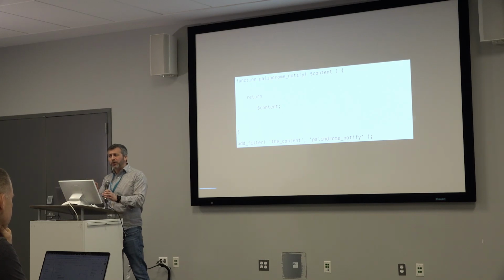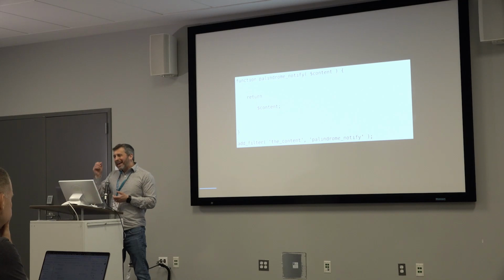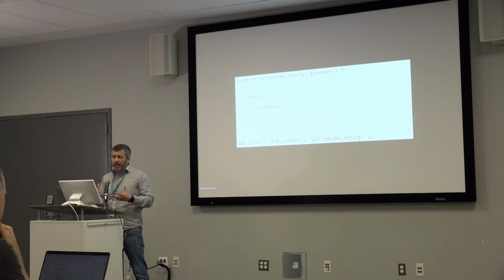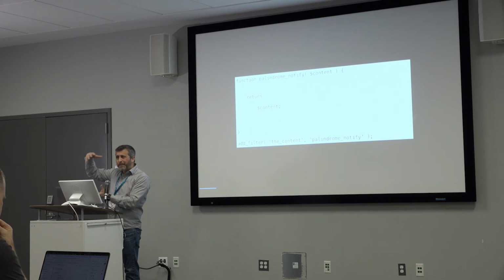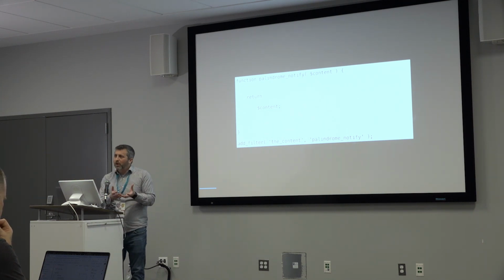And then we give it a function that we have defined called palindrome notify. So what the content filter does is when WordPress is going to spit out a blog post and display it on your website, it grabs all the content, the body of your post, and it passes it through on the way to spitting out on the page. And this filter allows us to get in between that.